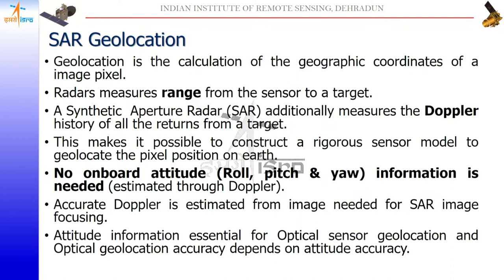However much accuracy the roll, pitch and yaw have, that accuracy will be reflected in the geolocation. If the roll, pitch and yaw are not accurate, then the geolocation accuracy will degrade. But in SAR, if the range, Doppler and orbit are very accurate, then we get a very accurate geolocation.